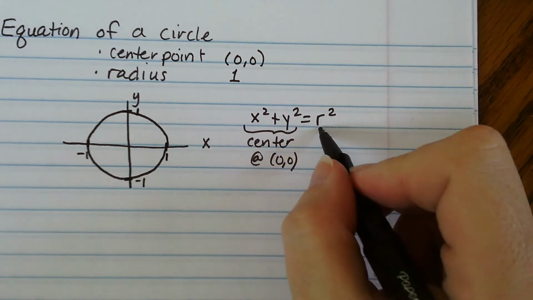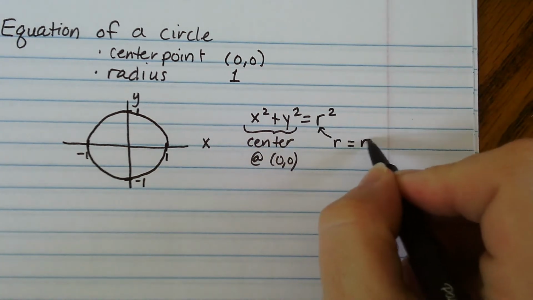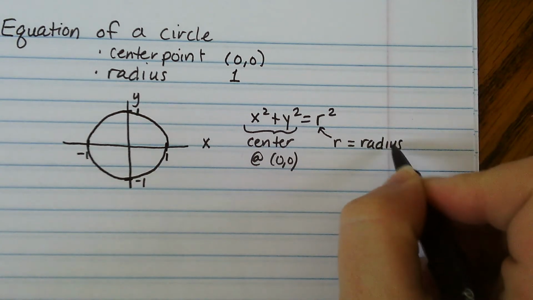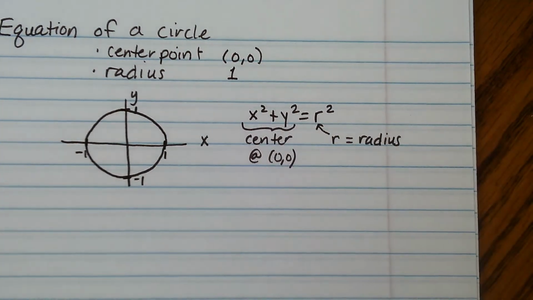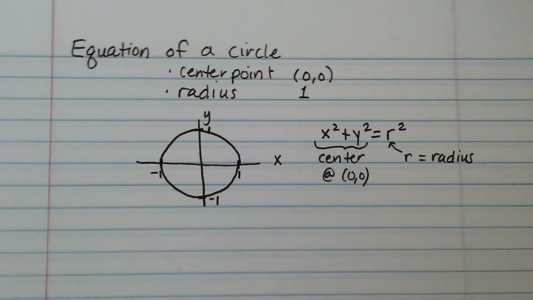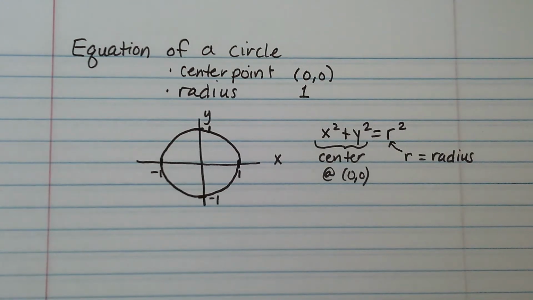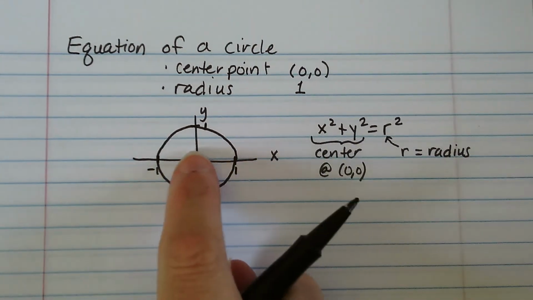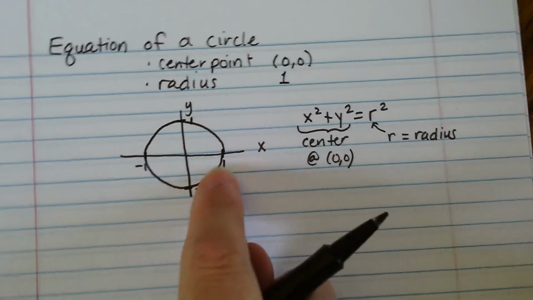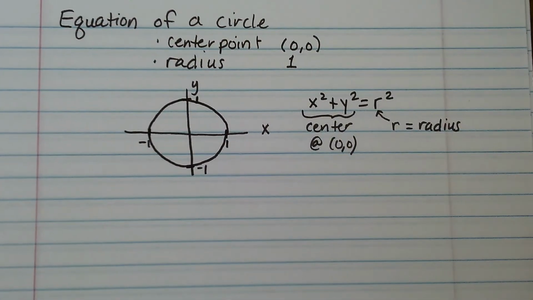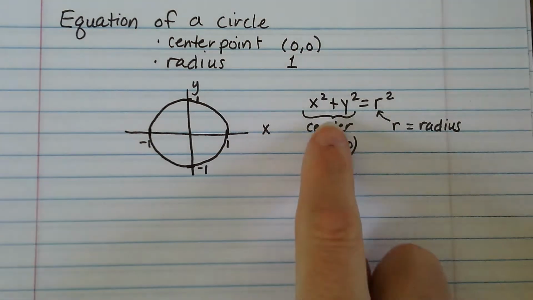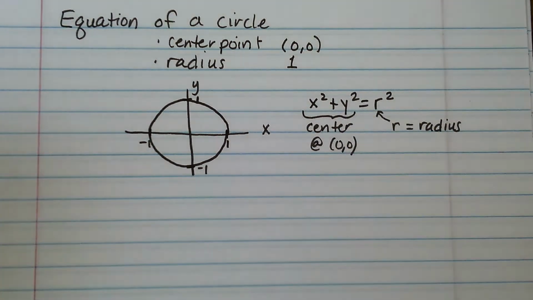And r is the radius, so this is the radius squared. So this is something that you should have learned in geometry when you did geometry with circles. What we're going to do is develop what the sine, cosine, and tangent is based on this fact, and use the equation of the circle to help us.